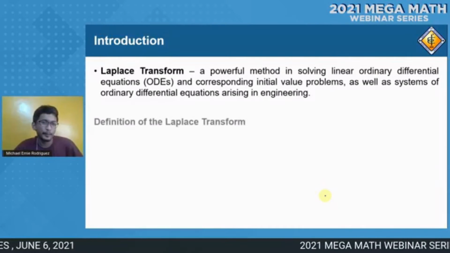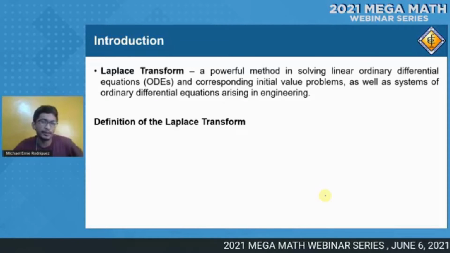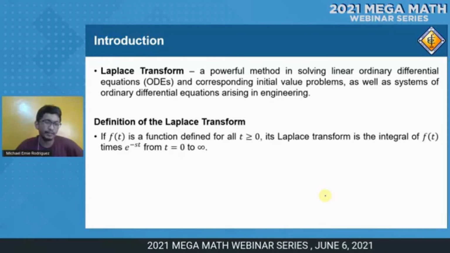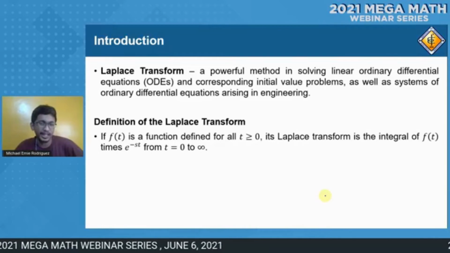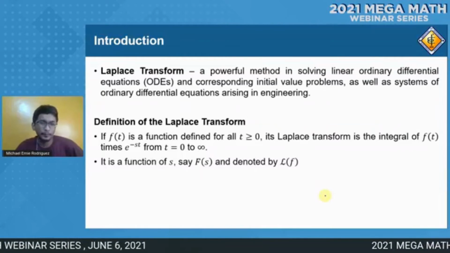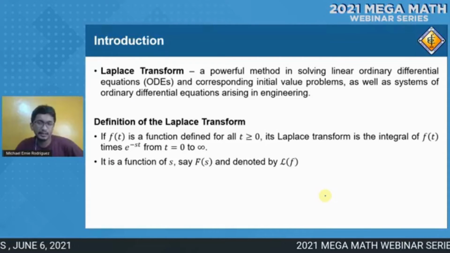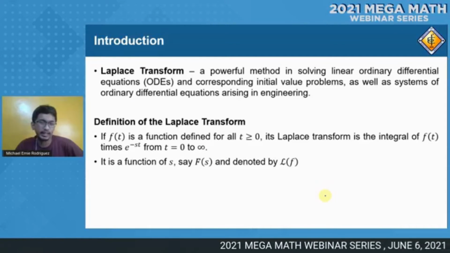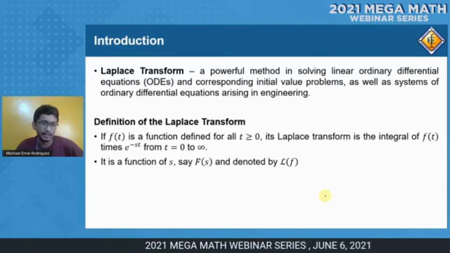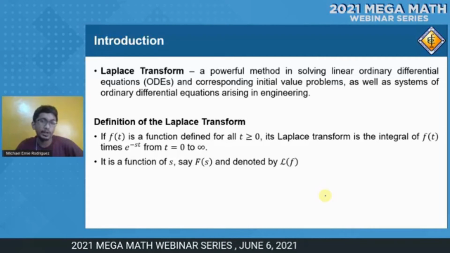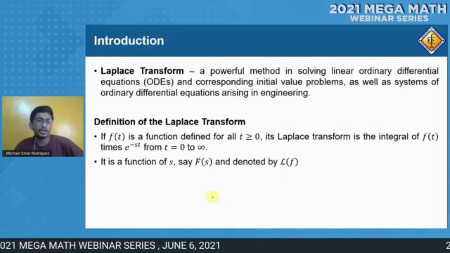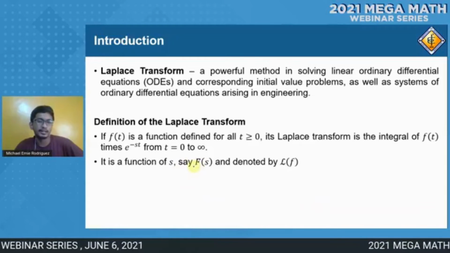Okay, so definition ng isang Laplace transform. If your f of t is a function defined for all t greater than or equal to 0, the Laplace transform of that is the integral of f of t times e raised to negative st from t equals 0 up to infinity. So it is a function of s, that is F of s, and denoted by the Laplace transform of f.